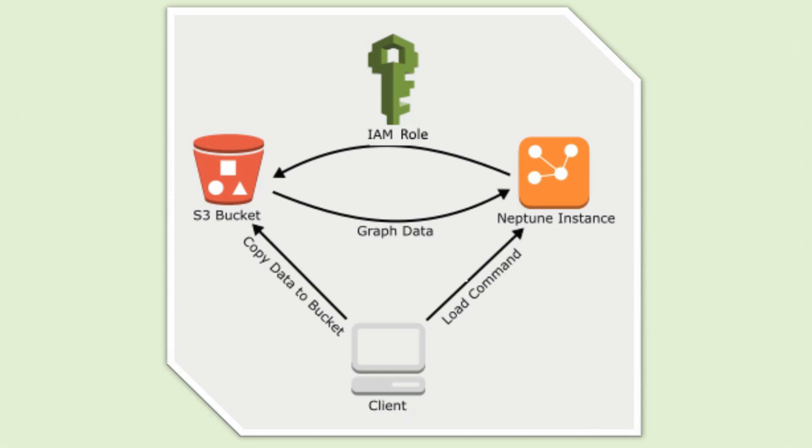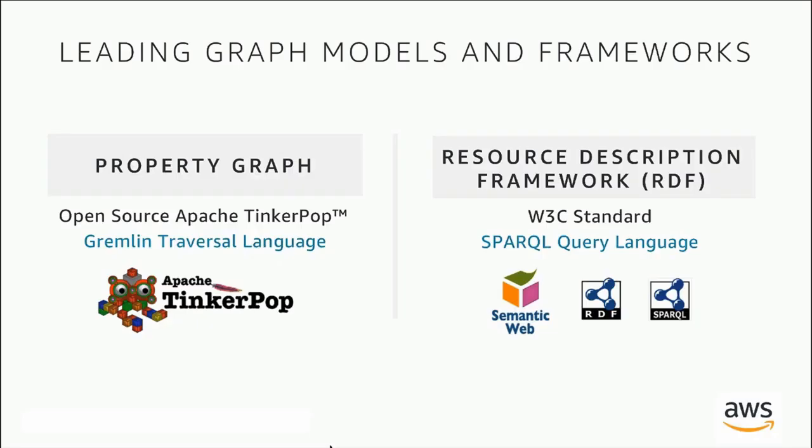The client copies data to the bucket and then loads the command and executes it on the Amazon instance. And the Amazon instance and S3 are performing a task, authenticating using the IAM role. Then we have different graph models and frameworks. The Gremlin traversal language for property graph and RDF, Resource Description Framework, with SPARQL query language.